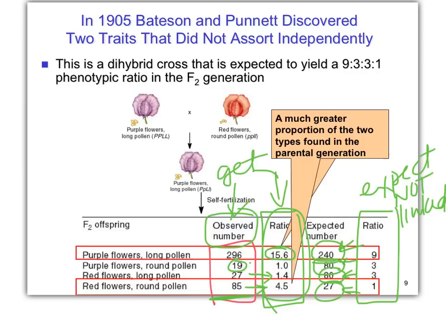We skipped that because I thought it was kind of just a bunch of mathematical gymnastics. So what we're going to do is this linkage or not linkage in a much easier type of cross with much easier math, right?